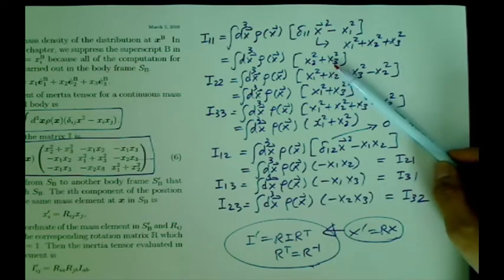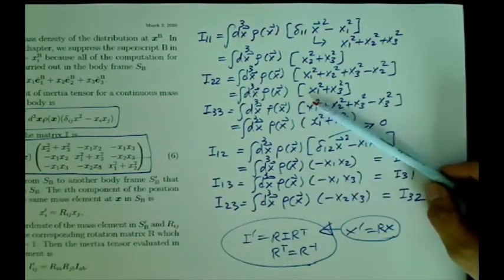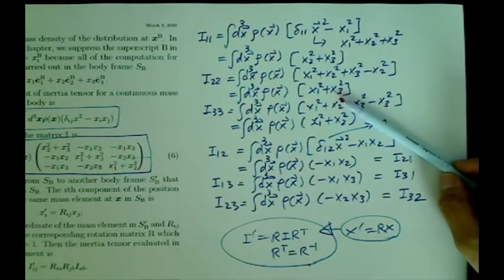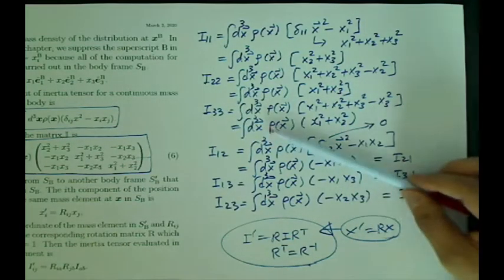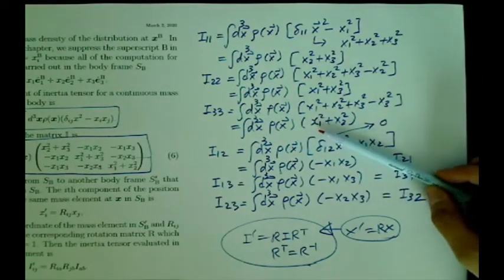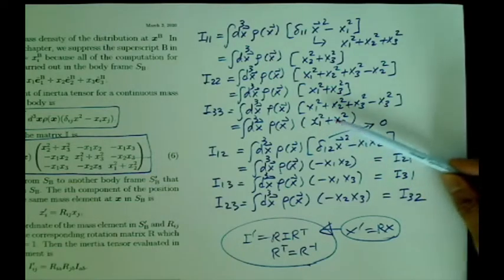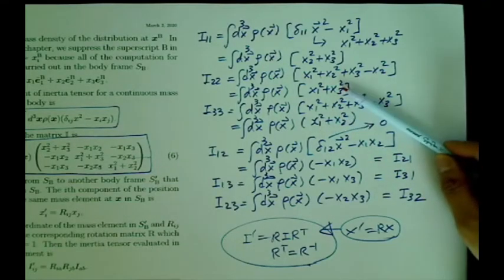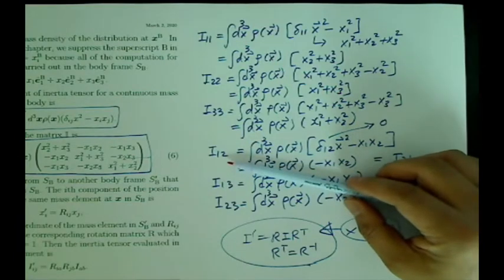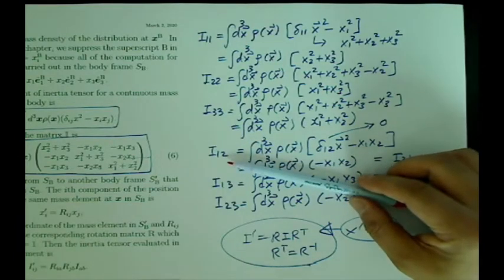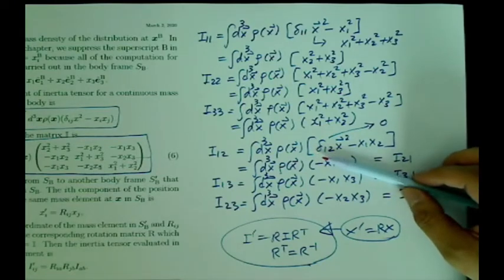In a similar manner, I22 has the perpendicular distance from the y-axis, and I33 likewise. All three diagonal components represent the density times the perpendicular distance squared from that axis. Only x3 is missing in the first term, x2 is missing in the second, and x1 is missing in the third. What about the off-diagonal contribution? In the 1-2 case, the Kronecker delta vanishes for any i and j with different indices.